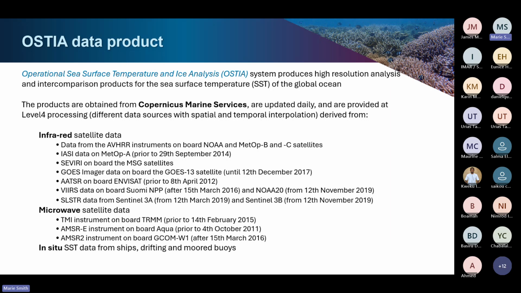It's a product from the Copernicus Marine Services that's updated daily, and it's also a level 4 product, which means it's been spatially and temporally interpolated so that there aren't any data gaps. So whereas the NOAA products tend to focus more on American or US missions, the OSTIA product incorporates most missions that are out there.